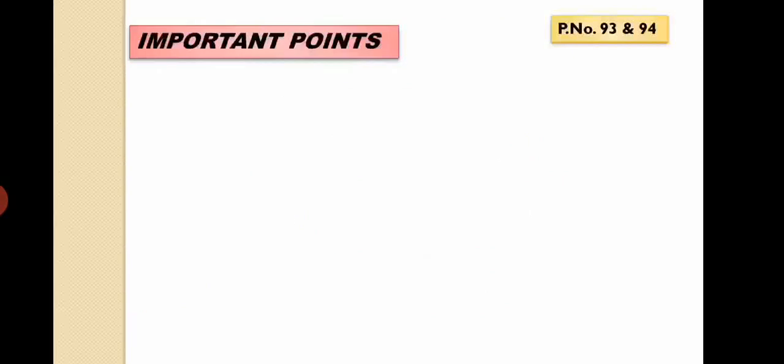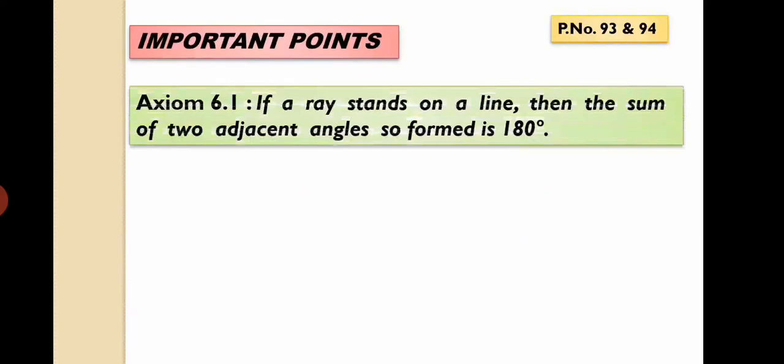Student, in page number 93 and 94 of your book, there are few important points which we discussed just now. First important point, axiom number 6.1 is, if a ray stands on a line, then the sum of two adjacent angles so formed is 180 degree.